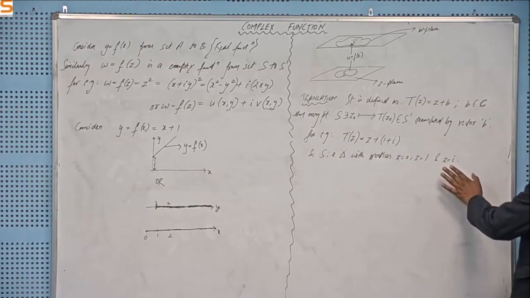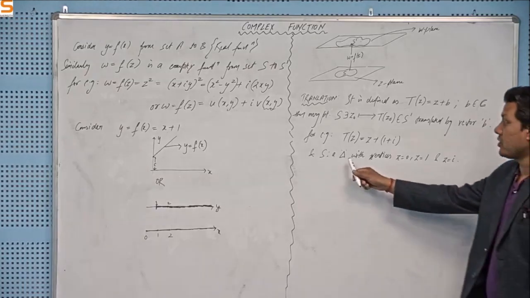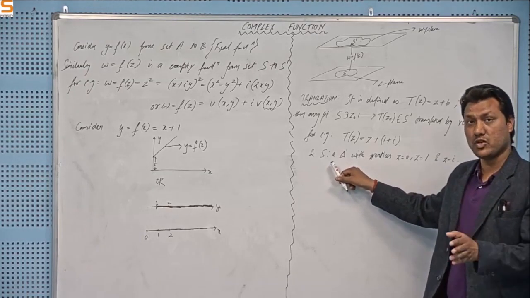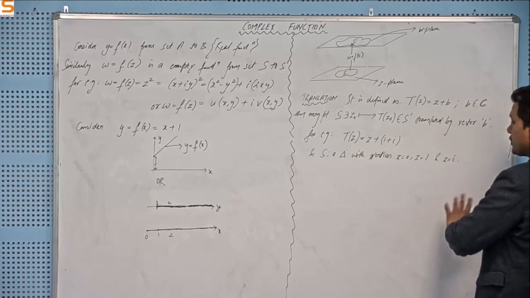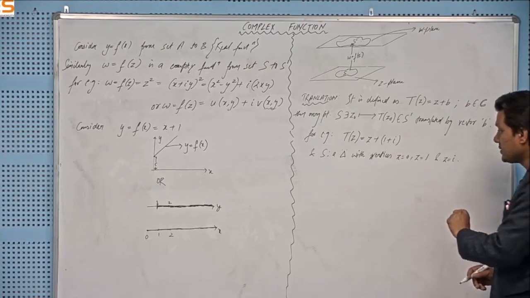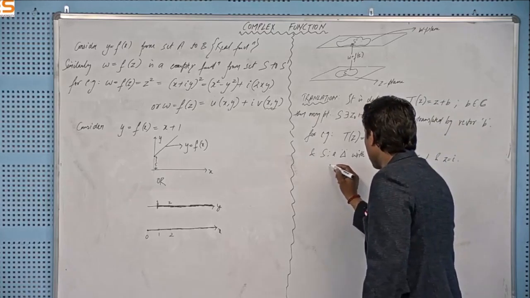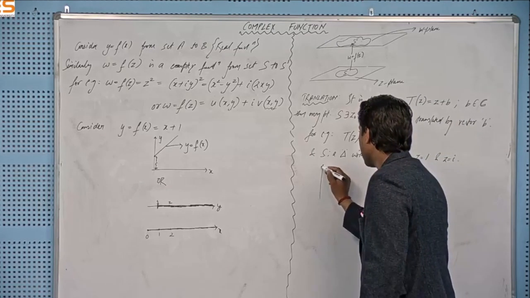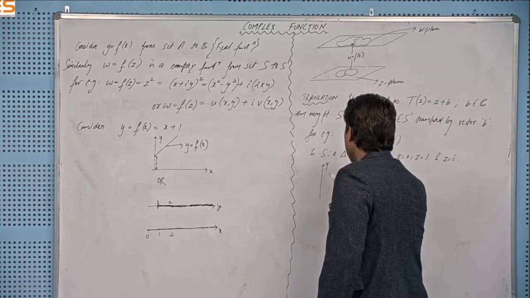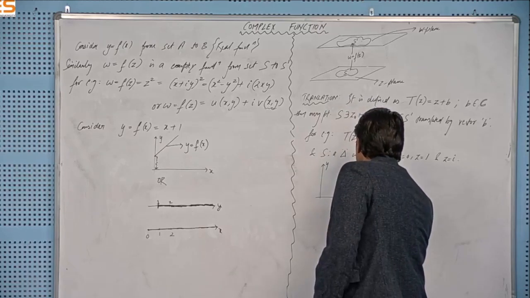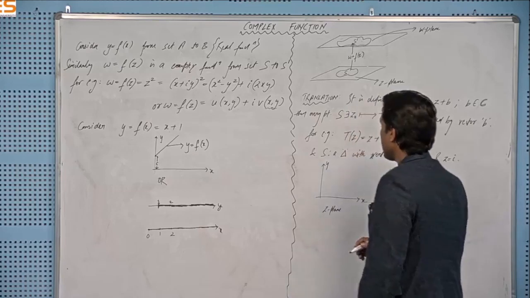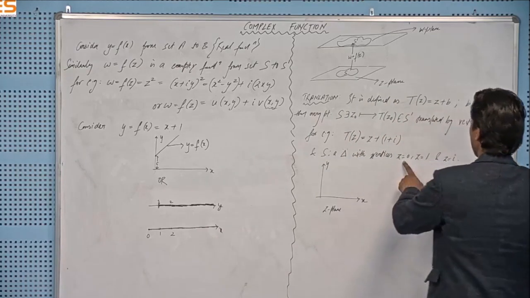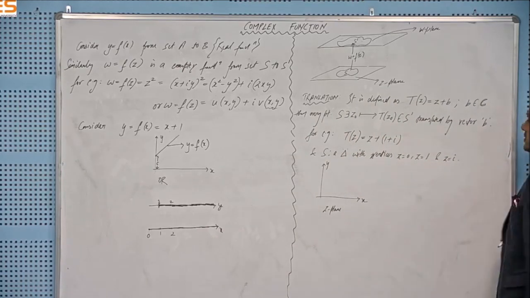So we have to find the image of the triangle. The triangle is placed on the z plane, and the image will be obtained on the w plane. So I'm going to draw the z plane first, the domain set. This is my z plane, and the z plane consists of x and y axes. Let me draw these points z equal to 0, 1, and iota.